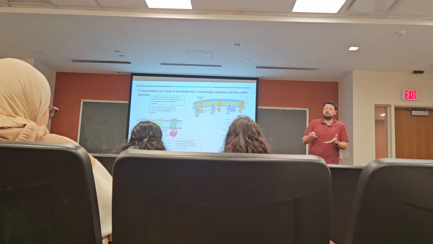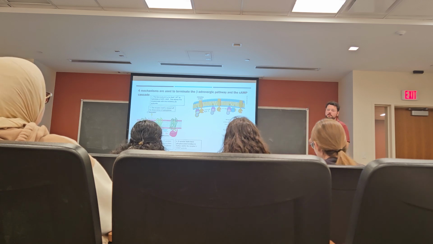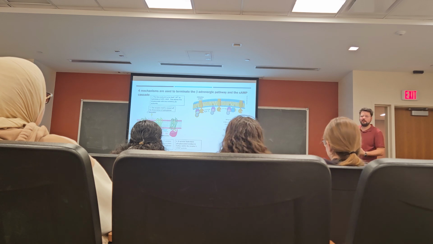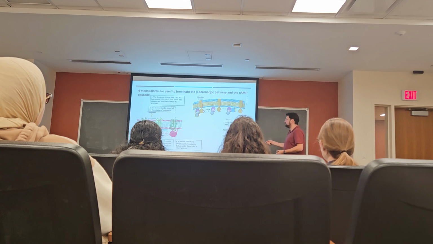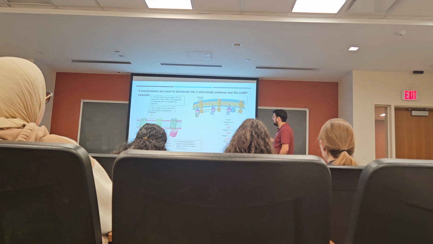The kicker is that G alpha is actually very bad at doing this, right? So it takes a while. So in a way, kind of acting as a timer. How long it takes for it to hydrolyze GTP determines how long it will remain active, right? So after a certain amount of time, the GTPase activity of G alpha hydrolyzes GTP into GDP, and now we are no longer able to interact with adenylate cyclase.